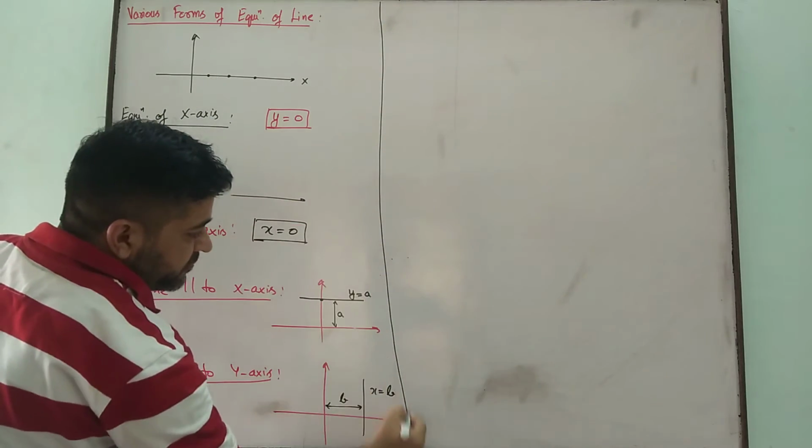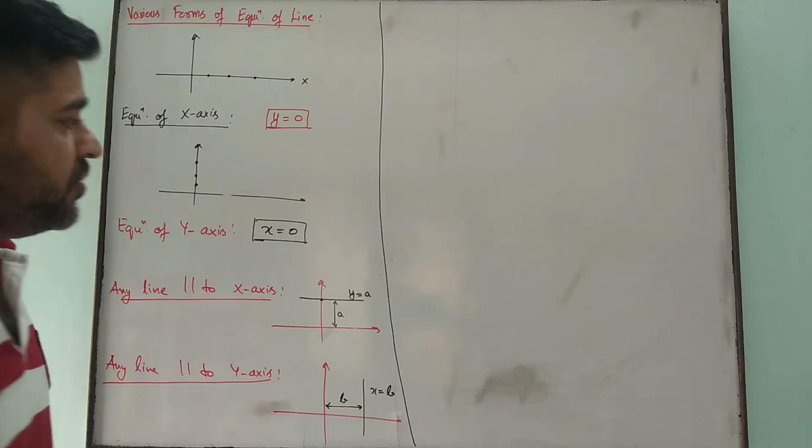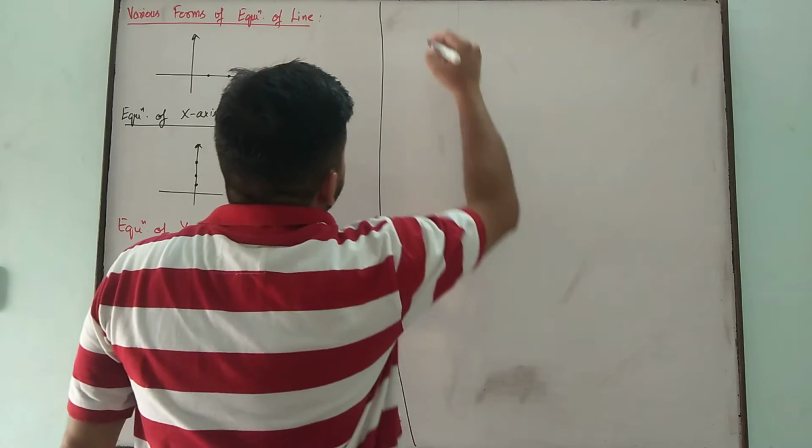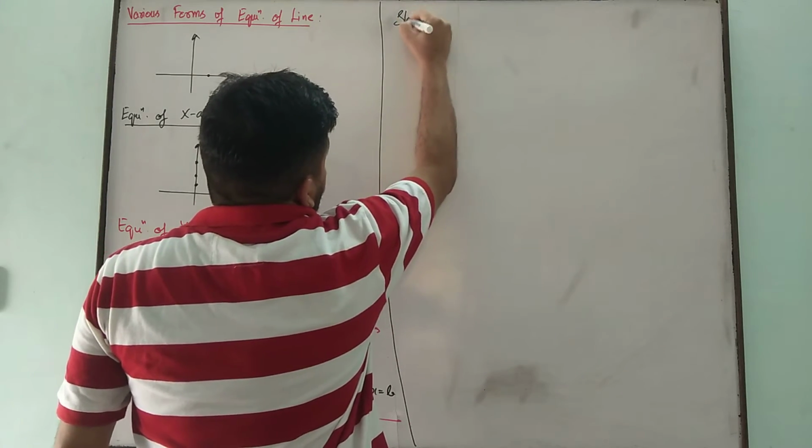Then we do have different forms of equation. Our first form is slope intercept form.